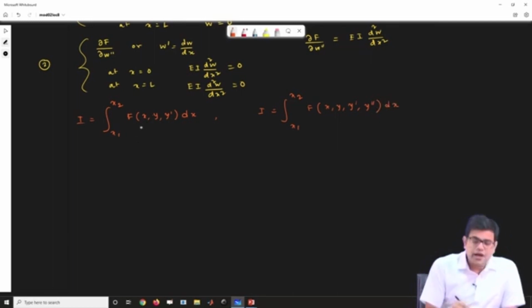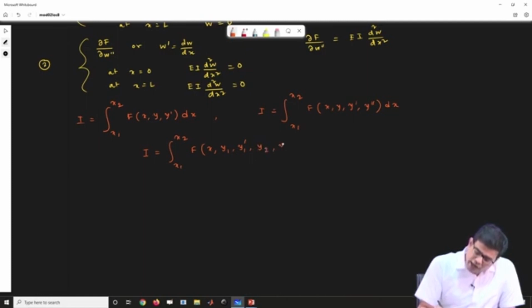Now, if there are more variables, for instance, if I is of this form, integral x1 to x2, f of x, y1, y1 prime, y2, y2 prime and so on.